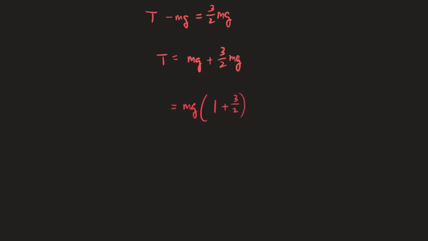If you don't like that, then it's 1 plus 1.5, or 2.5. I'm just not scared of fractions, so I leave it in fractions. You don't have to. If you're desperate, make it 2.5 mg. Just numbers. I just tend to deal with fractions. I think they're easier.